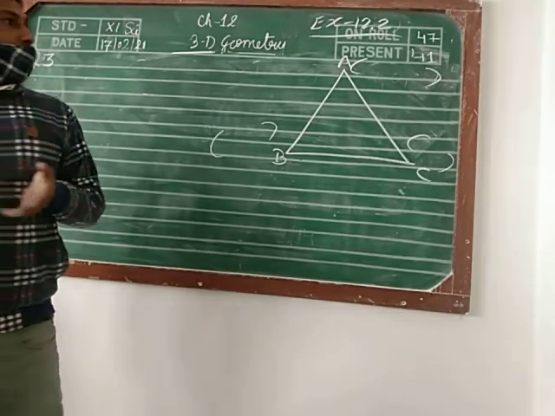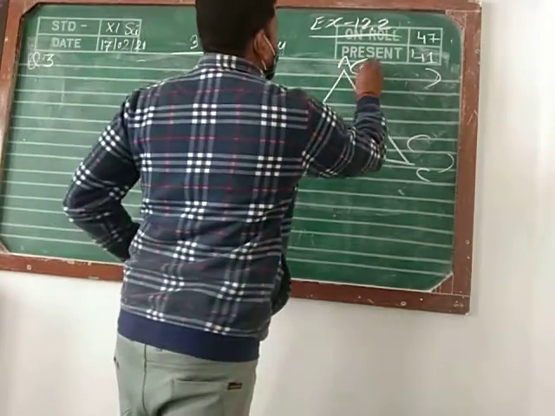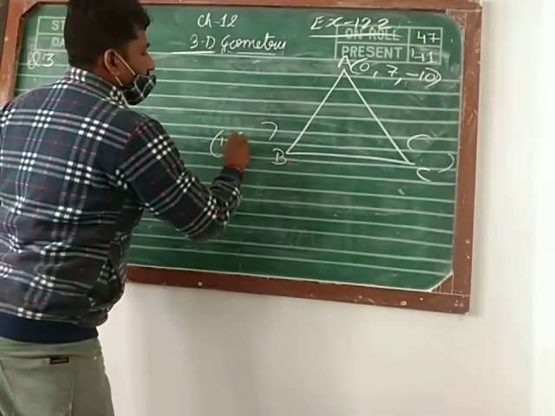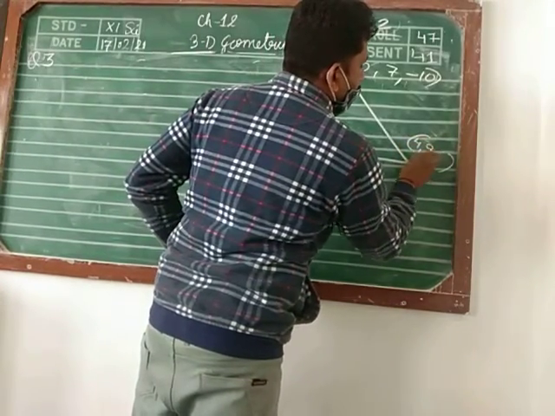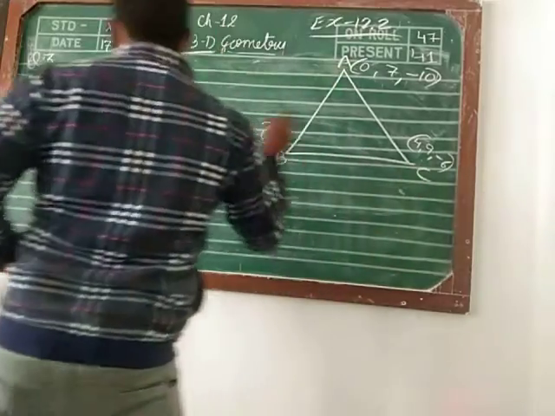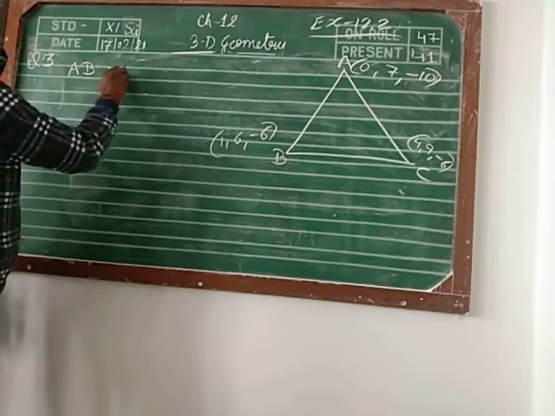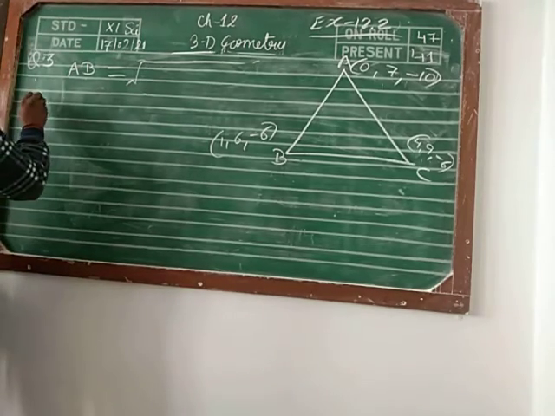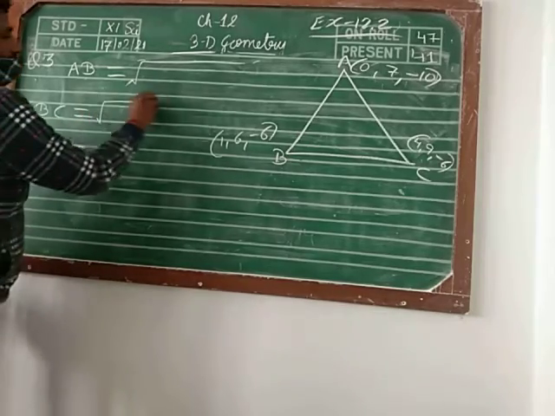Tell me the coordinates. 0, 7, -10. 1, 6, -6. 4, 9, -6. These three coordinates we have, and we are able to find the lengths of the sides of the triangle. Find the length of AB by using the distance formula. Similarly BC, similarly AC. These three lengths we have to find.